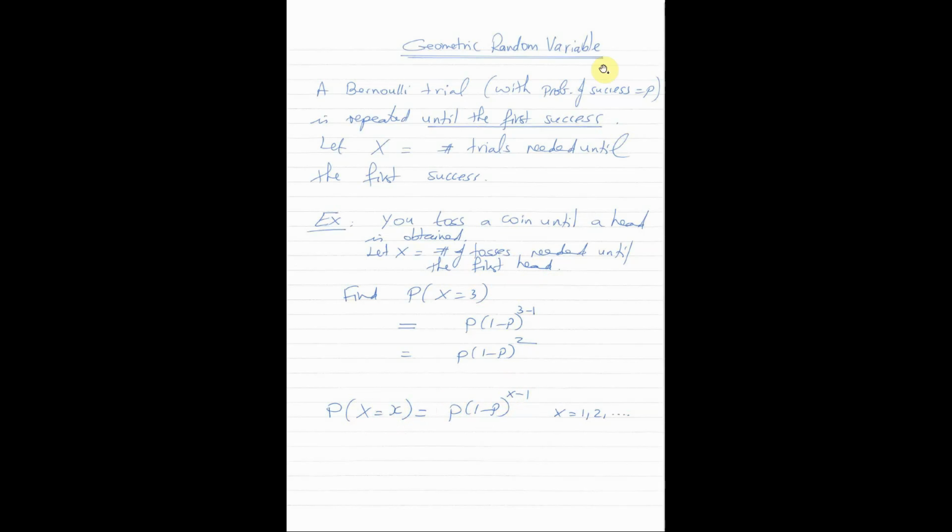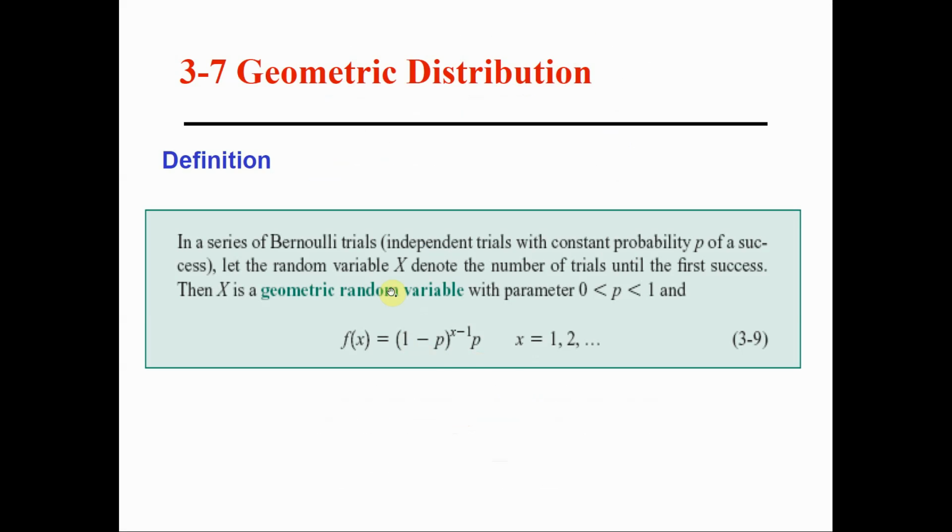Because always in a geometric distribution, we have x minus 1 failures, followed by 1 success. So the probability mass function for a geometric distribution, f(x), is equal to (1 minus P) to the power of x minus 1 times P.